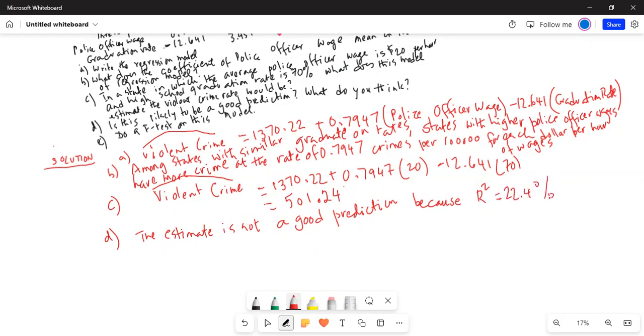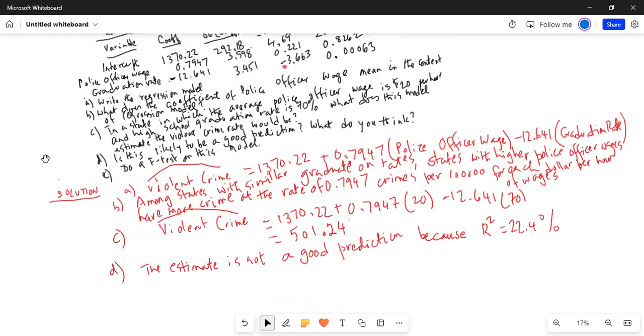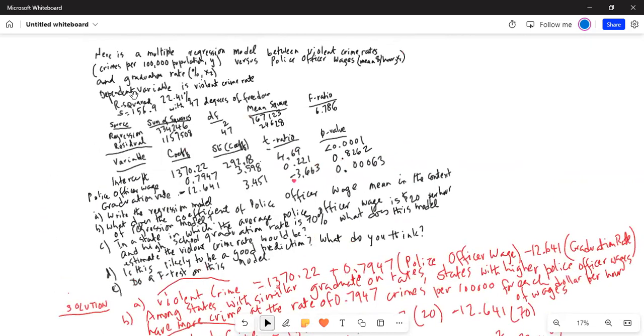And if we go up, we can see that the R square is given as 22.4% right over here.